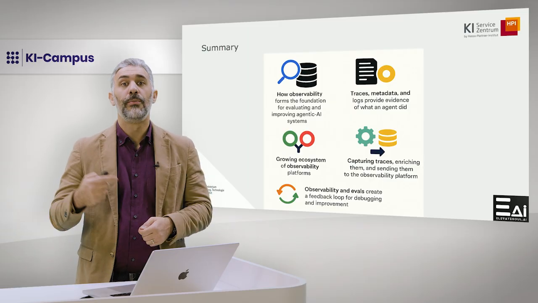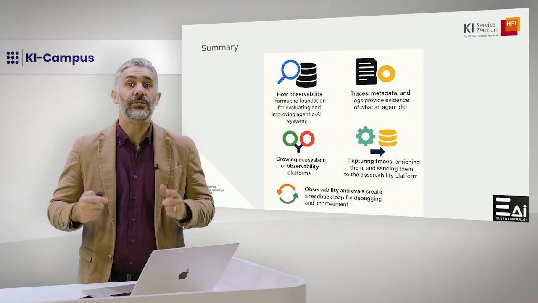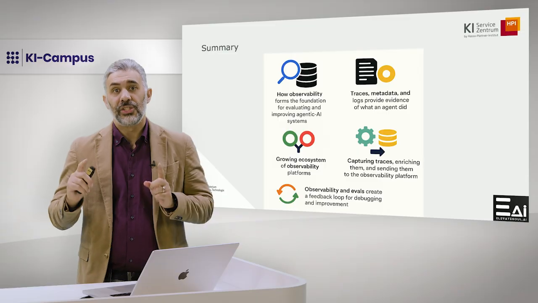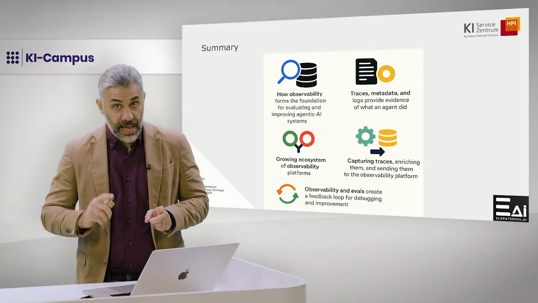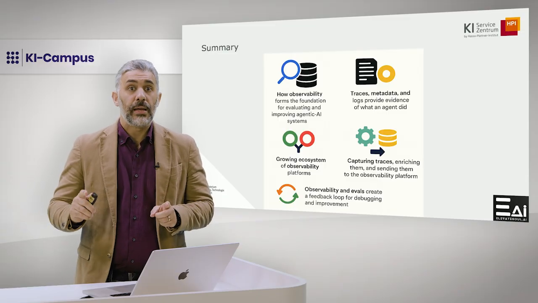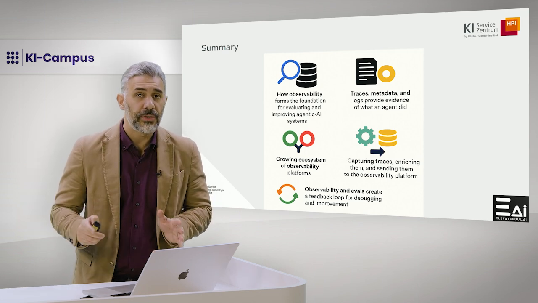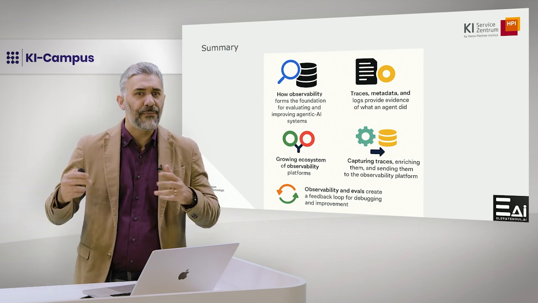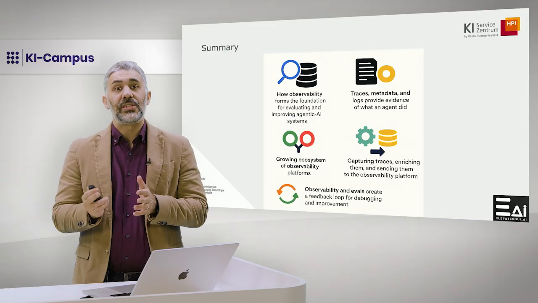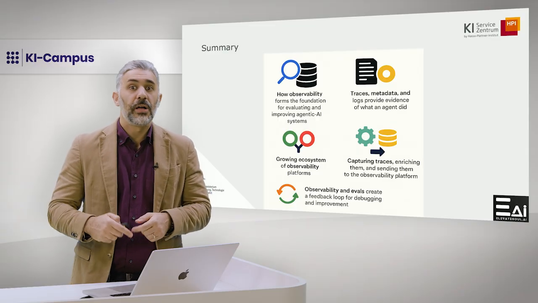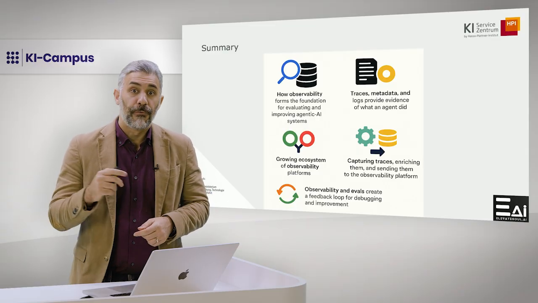We also broke observability into three essential stages: capturing traces, enriching them with context, and sending them to the observability platform. Together, observability and evals create a feedback loop that enables systematic debugging, performance monitoring, and continuous improvement for agentic systems.